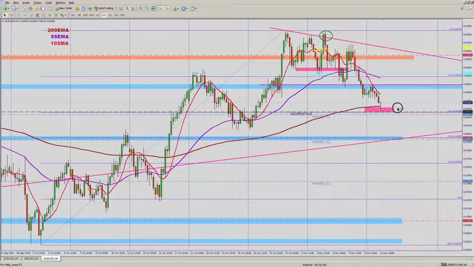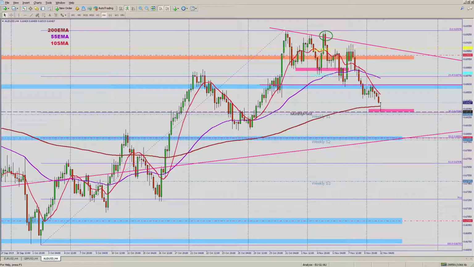And this was the previous intermediate support zone, right near the rising 200 period EMA along with the monthly pivot. So we'll see whether this support area will hold for a while, until there could be some influence from the RBNZ rate decision tomorrow morning.